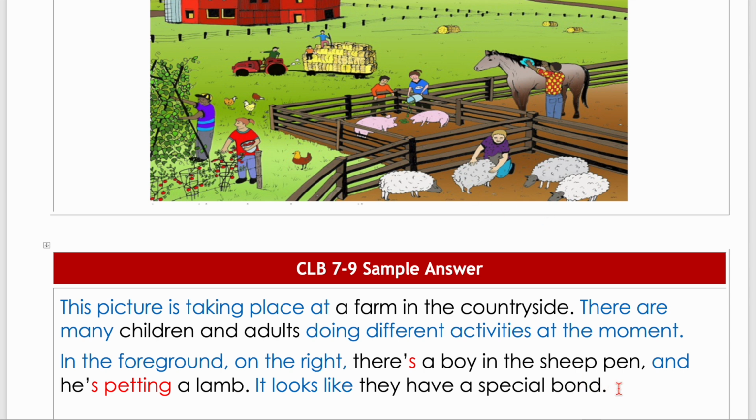Okay, so right away, first the easy part, or should be the easy part, there's a boy in the sheep pen. And what is he doing? He's petting a lamb. So that should be the easy part. Now, the one that we want to increase and we want to show more knowledge is when I use this, what we want to try to make a sentence that shows what we think it is.